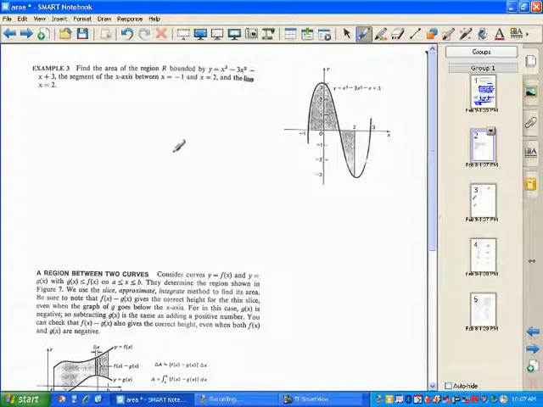So I'm going to start here on the left, and I'm going to set up an integral from -1 to 1 of x cubed minus 3x squared plus x plus 3.